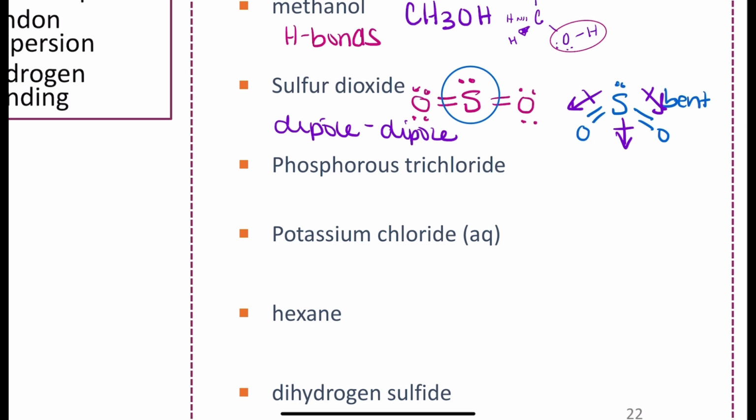Okay, phosphorus trichloride. What is phosphorus trichloride? Phosphorus is P, tri means 3, and chloride means Cl. So PCl3. If I drew out its structure, Lewis structure looks like this.